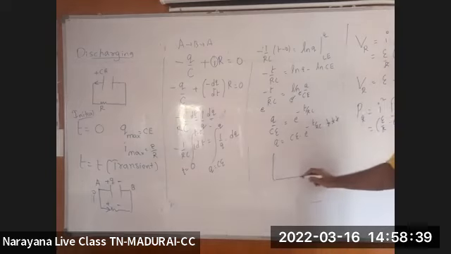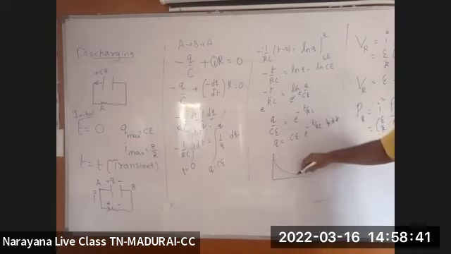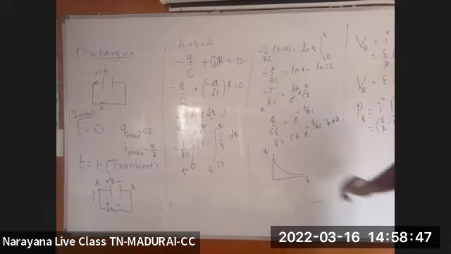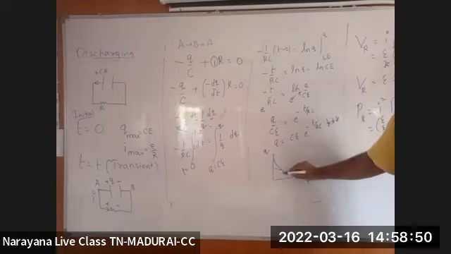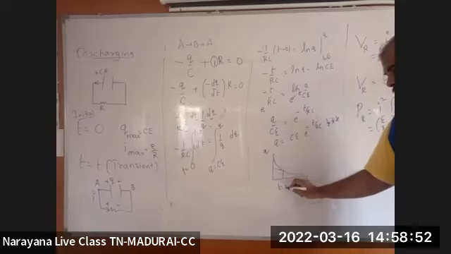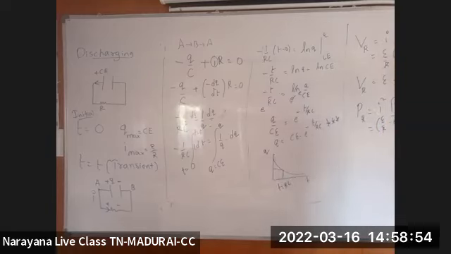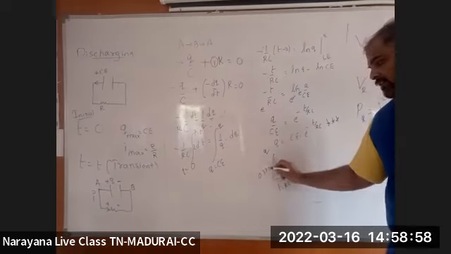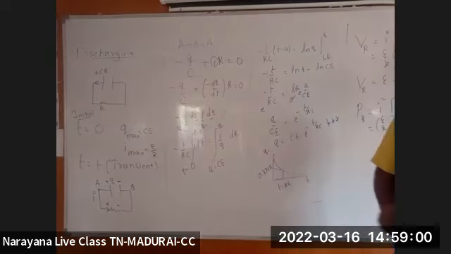So how will you plot the graph? Like this only, charge on the y-axis and time on the x-axis. How will you define the time constant? After one time constant, what is the charge? 0.37 times the maximum charge.